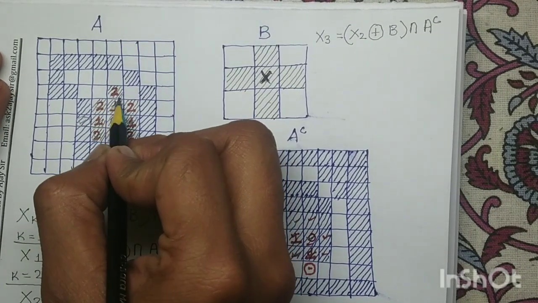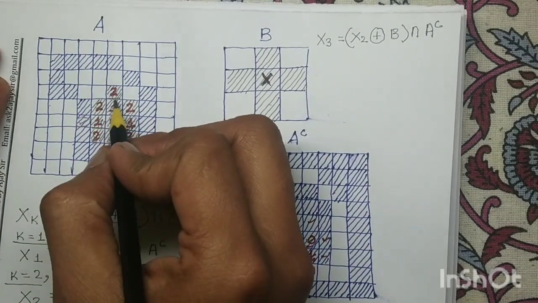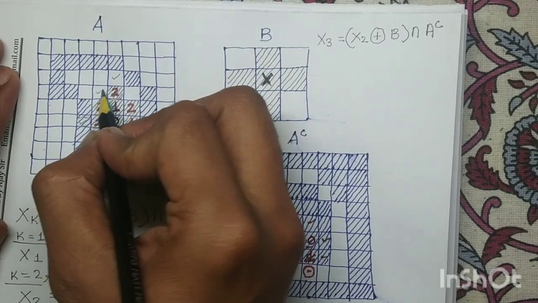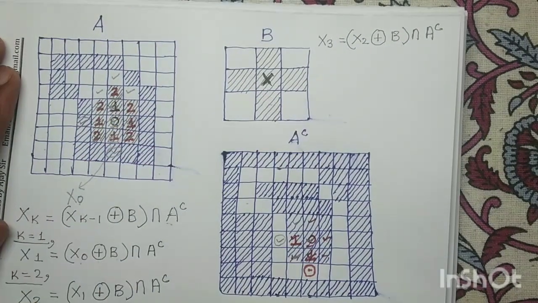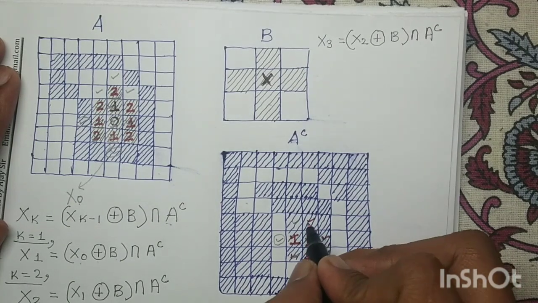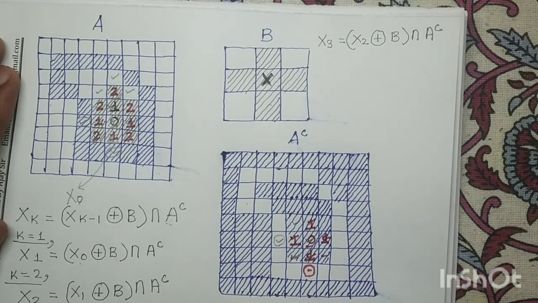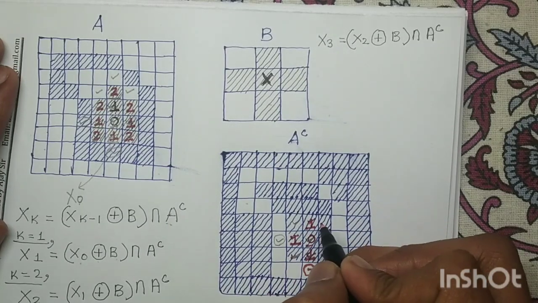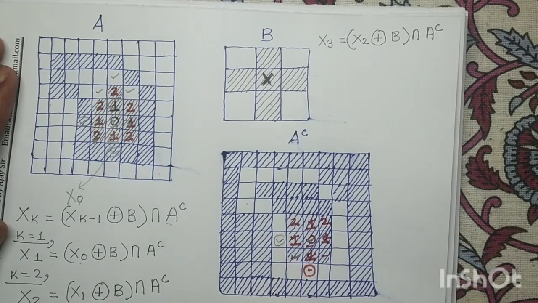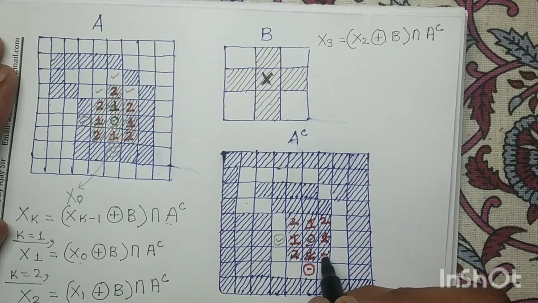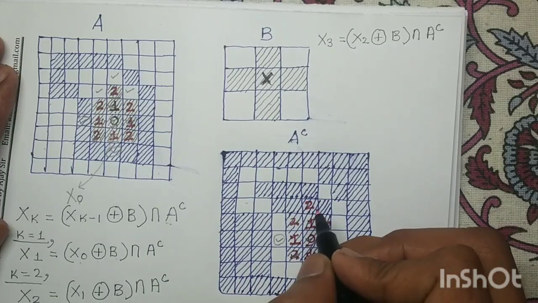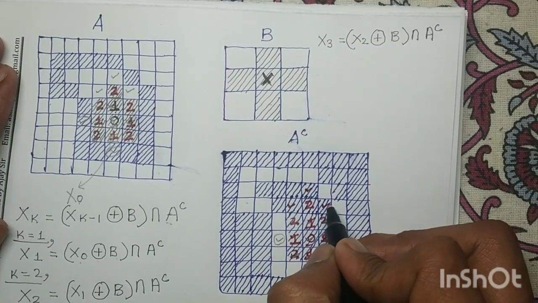First, we will consider this pixel. At this point, if you perform the dilation operation, this and this will be part of my dilation operation. So we have to consider these 3 pixels.